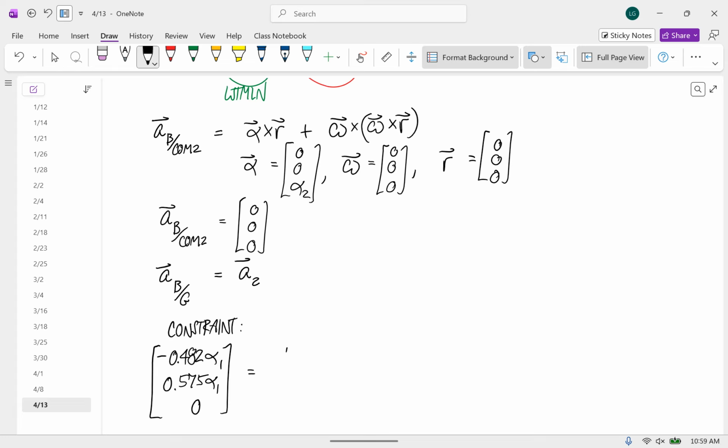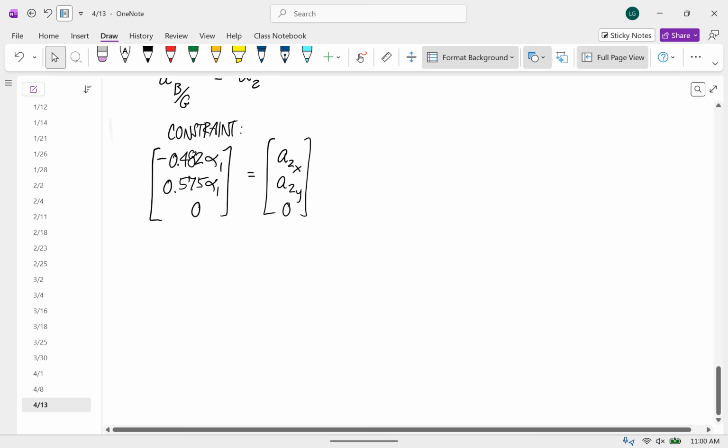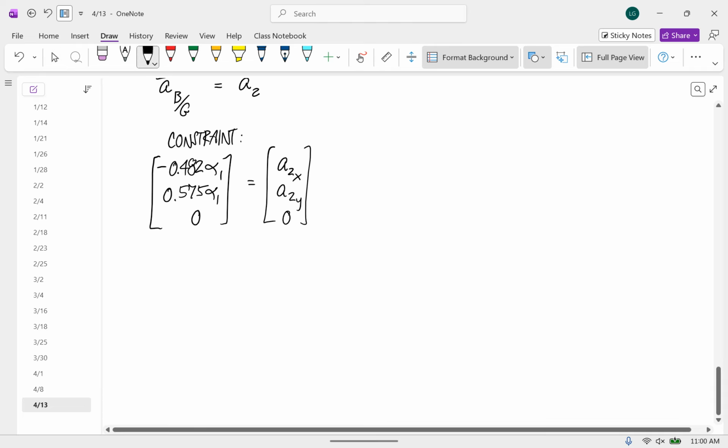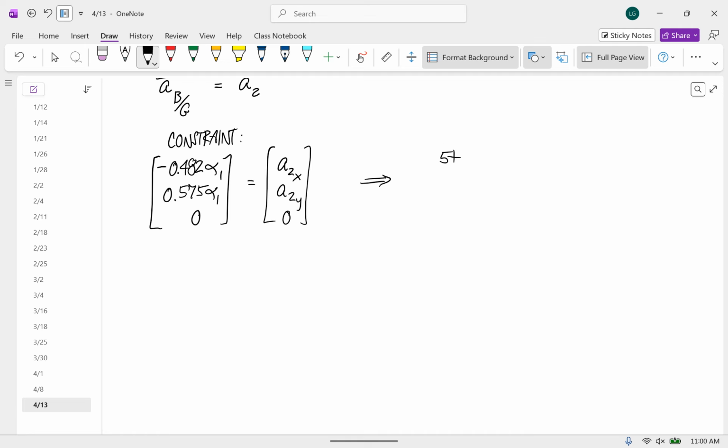This is equal to A2x, A2y, 0. And so our equation 5 star says negative 0.482 alpha 1 minus A2x is equal to 0.